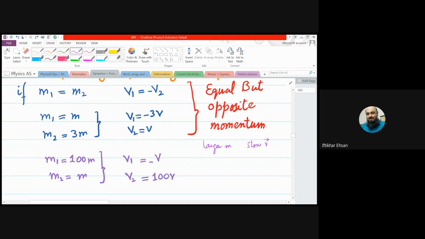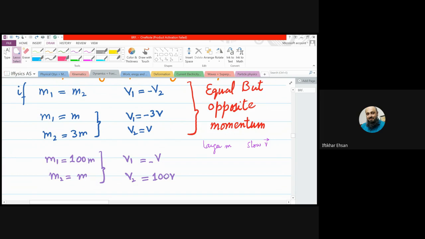Similarly, let's say M2 is smaller and M1 is 100 times larger. Whose speed will you suppose to be v? The larger mass, right? And if its speed is v, the other one, which is 100 times lesser in mass, will have speed 100 times larger.